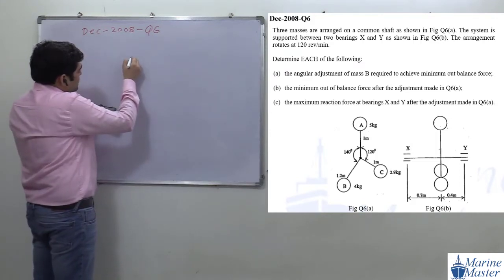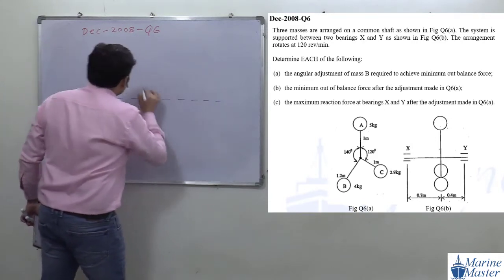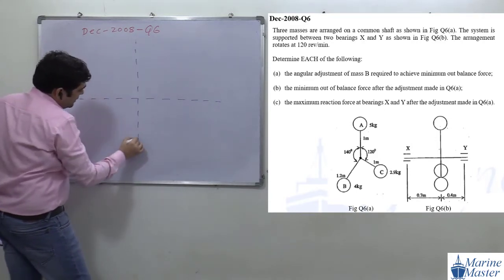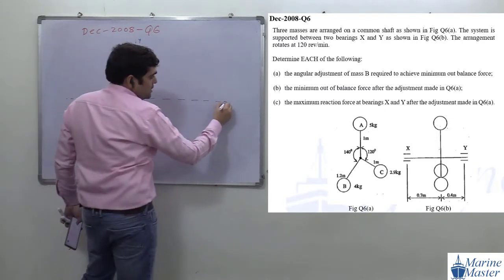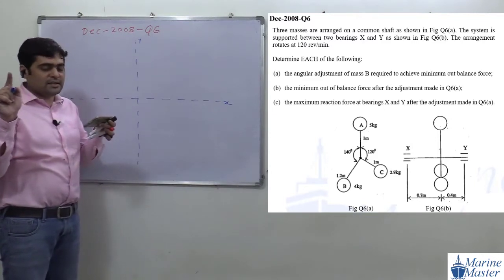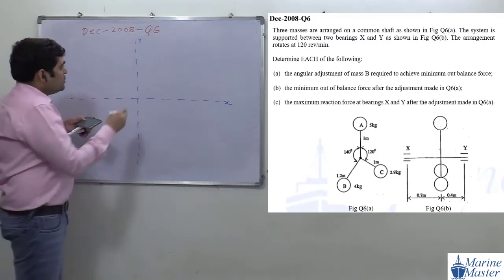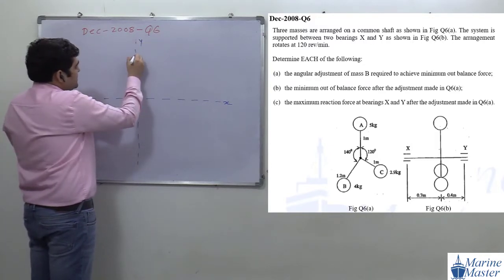First of all, I am going to draw the reference axis, as per our standard practice. This is small y and this is small x, so that we do not get confused with the bearings capital X and capital Y. We will consider A as our reference axis.